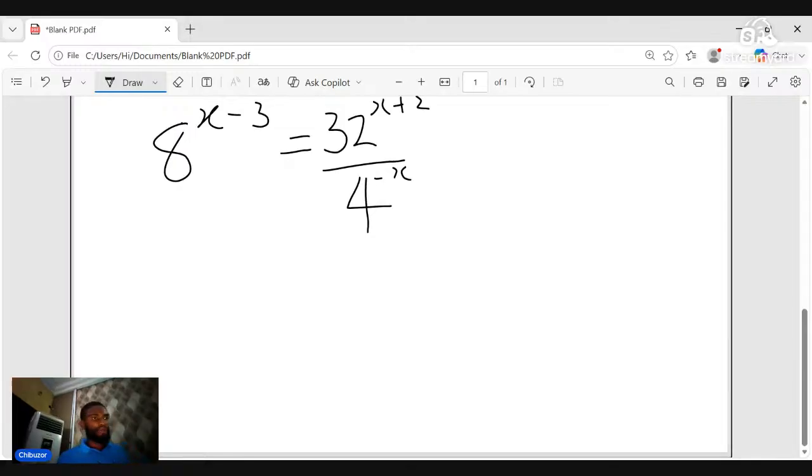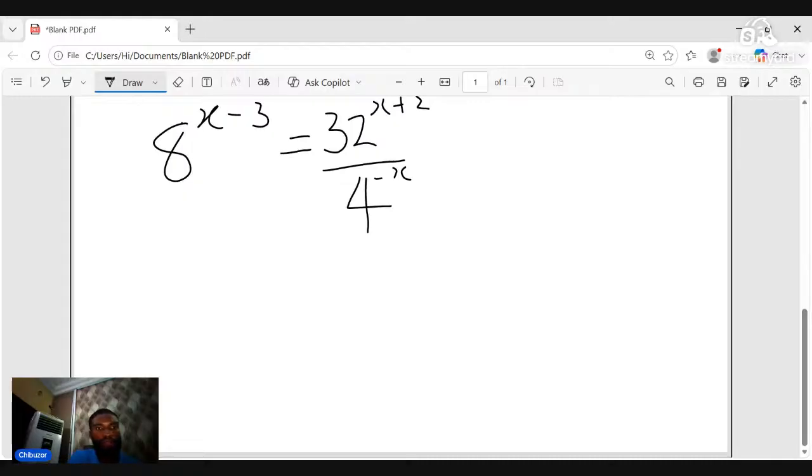Like I've always said, when you're solving indicial equations, your first target should be to have the same base. By that I mean you ask yourself, which number can be turned to an index that will have the same base for each of them.